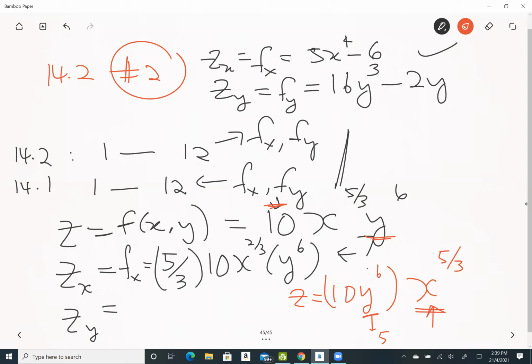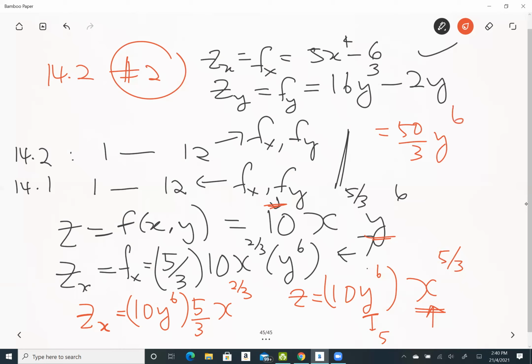So when you take the derivative, what do we get? ∂z/∂x equal to 10 y to the power of 6, and then you got 5/3 multiplied by x to the power of 5/3 minus 1, so you got 2/3. Of course you can simplify, so you got 50/3 y to the power of 6 x to the power of 2/3.